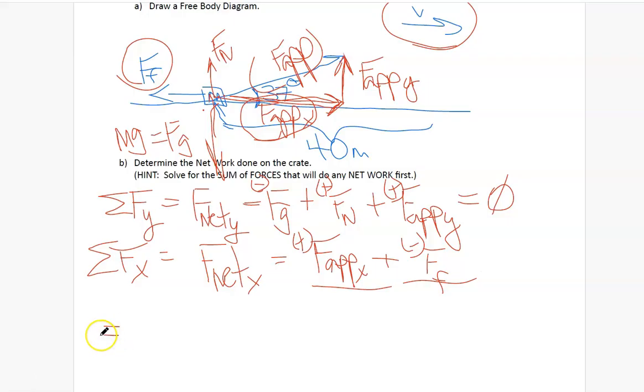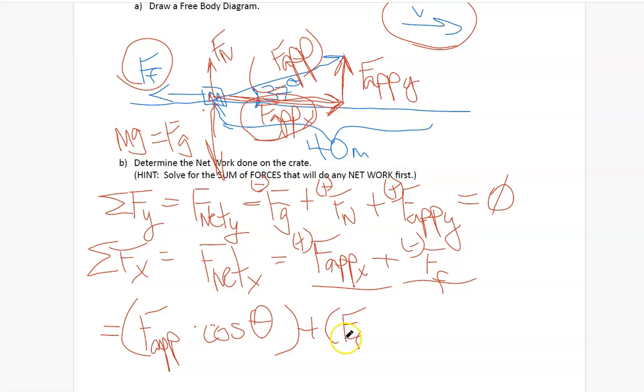This sum will equal the applied force in the x direction, and that's the same as the original applied force times the cosine of theta, the angle which we know is 37 degrees. And then the frictional force, we know that value is 50 newtons in the negative direction. So we'll remind ourselves this is going to be a negative force.